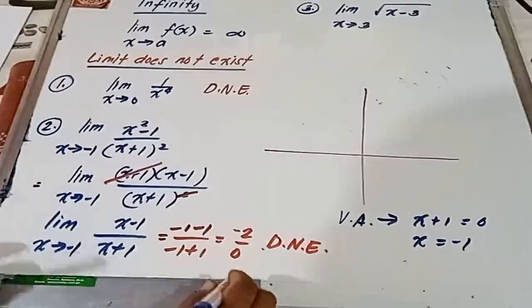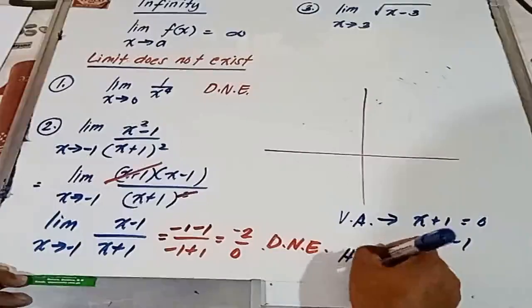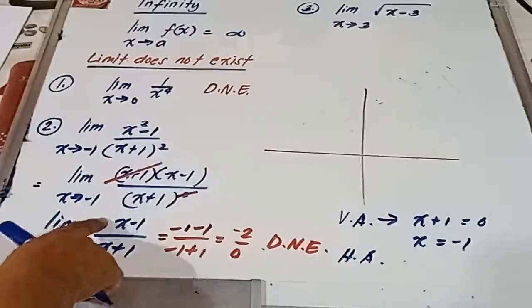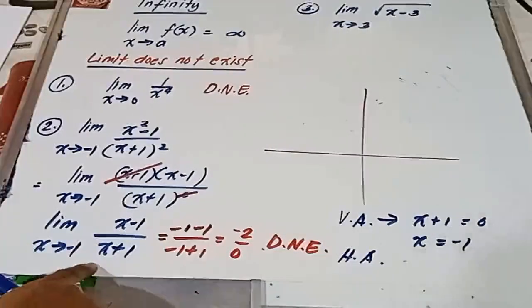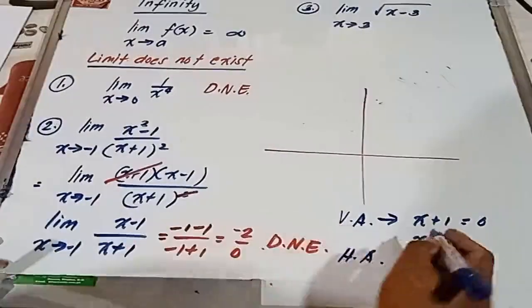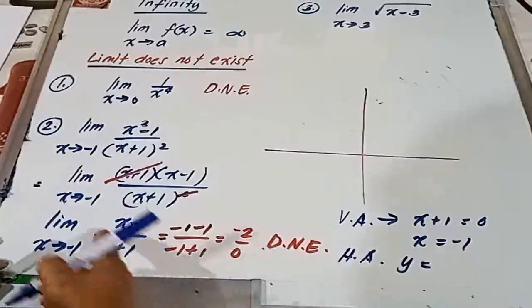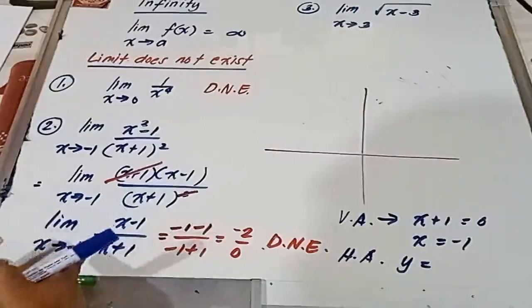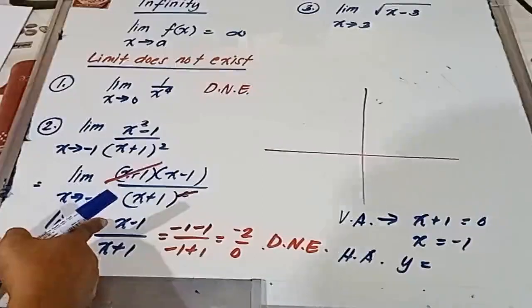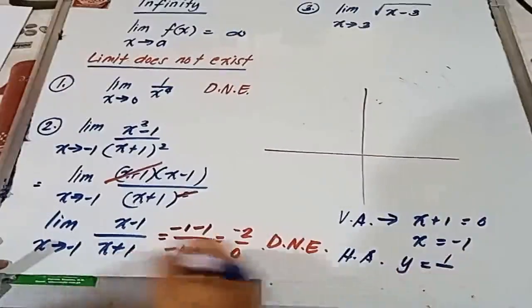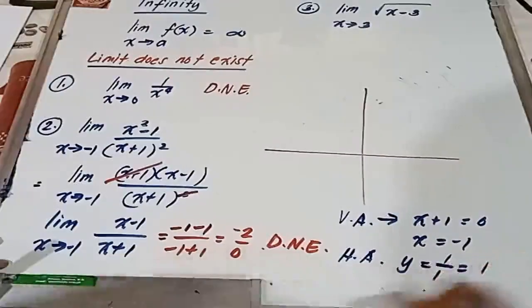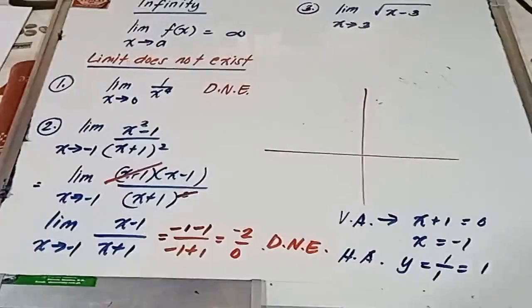For the horizontal asymptote, pag parehas ang degree ng x on top dun sa degree sa denominator, you're just going to determine the horizontal asymptote as y equals the coefficient on top over the coefficient at the bottom. Ang coefficient ng x dito ay 1. Sa baba is also 1. Therefore, we have horizontal asymptote of 1.